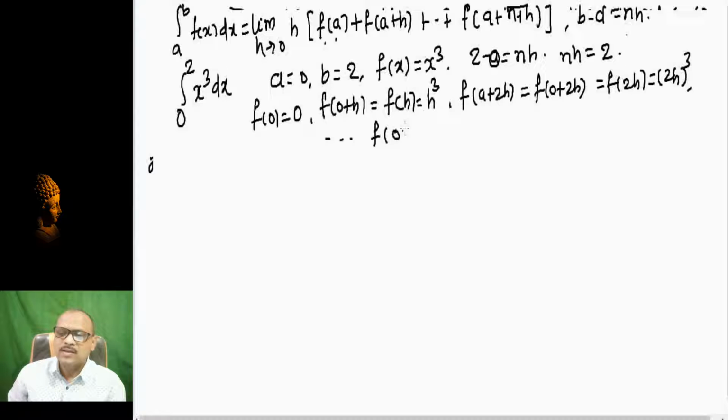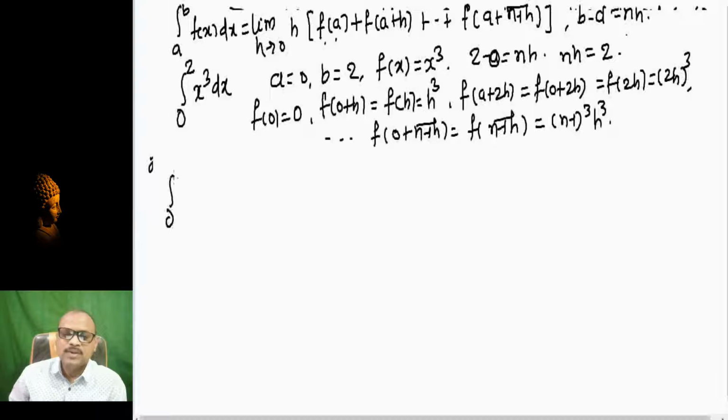Similarly, f of 0 plus n minus 1 into h equal to f of n minus 1 into h equal to n minus 1 whole cube into h cube. These are the values.